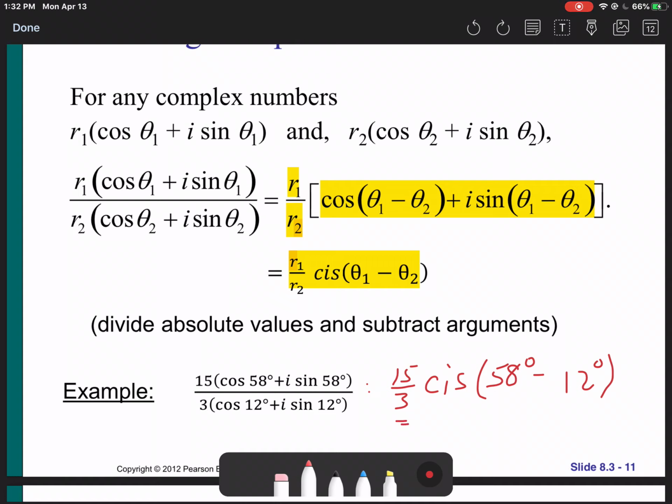And so I end up with 15 divided by 3, which is 5, cosine plus I sine of 46 degrees. Okay? So again, nothing real fancy there. Right, multiplication and division with complex numbers in standard form. That and $1 will get you a cup of coffee at McDonald's. Or I guess $5 at Starbucks.